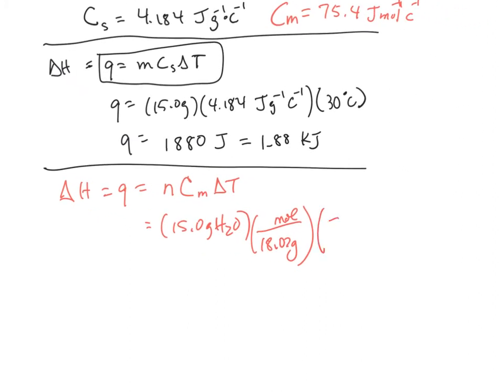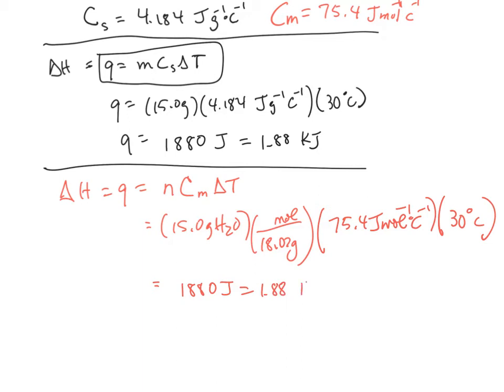Multiply it times 75.4 joules per mole degree C. And then delta T is the same, 30 degrees C, and calculate that. We're going to get the same answer, 1880 joules, which is 1.88 kilojoules.